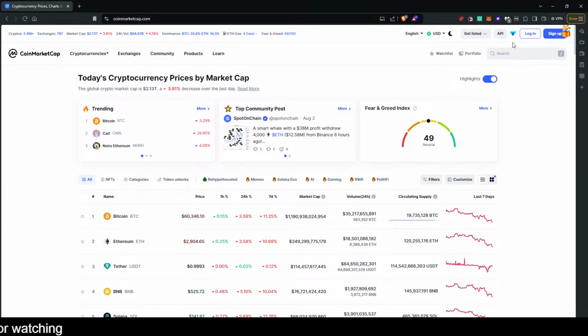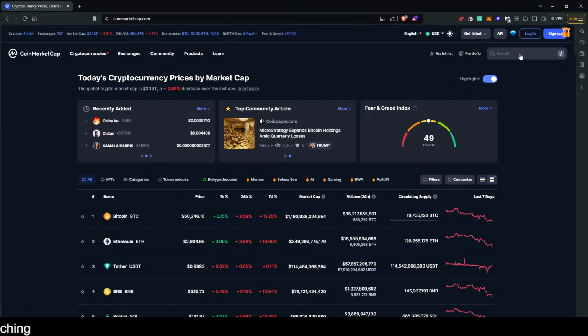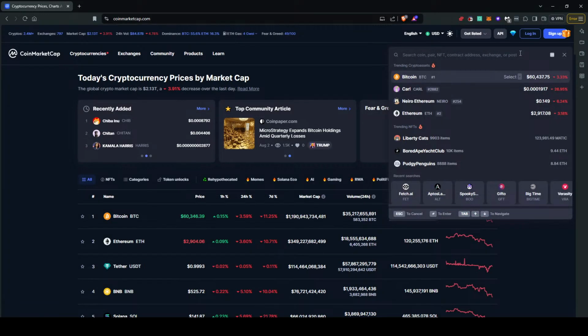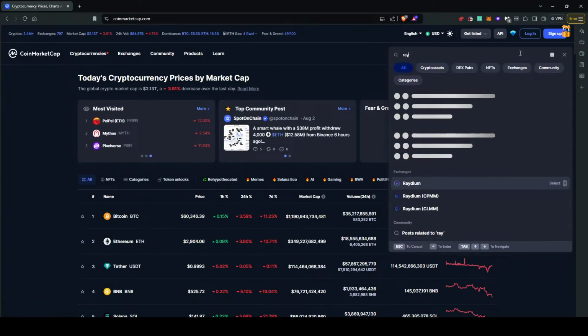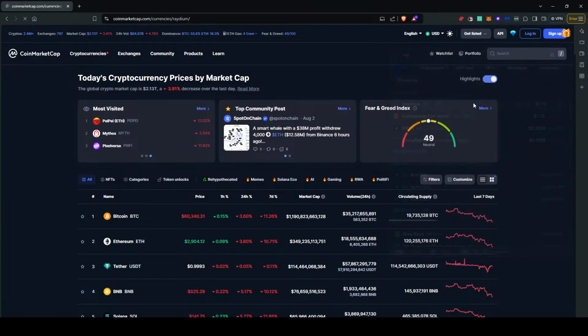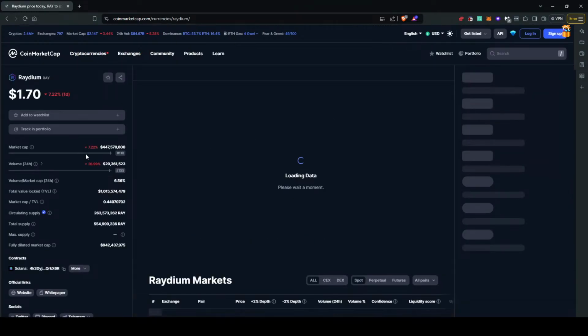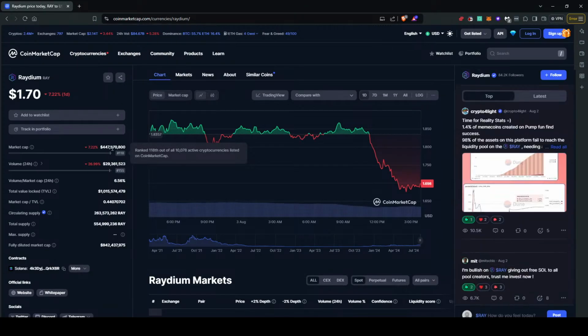So Ray is for Radium, and it's one of the top 2 DEXs on the Solana network. Radium has a market cap of 447 million, which is small, which is really good. This is smaller than Jupiter. Jupiter is the top DEX on Solana. So you have Jupiter and Radium.